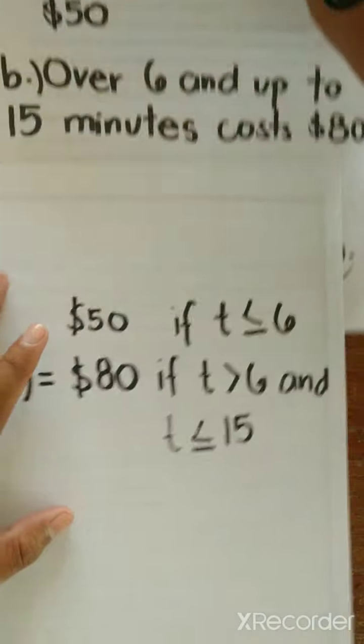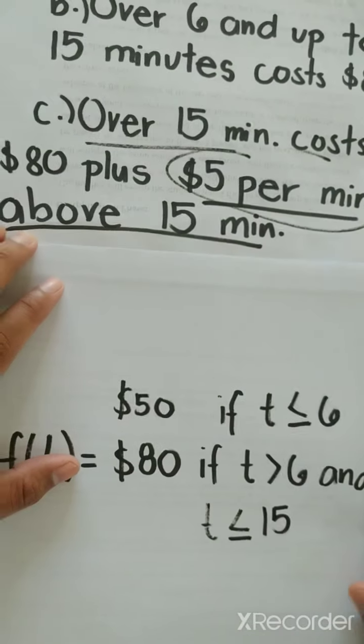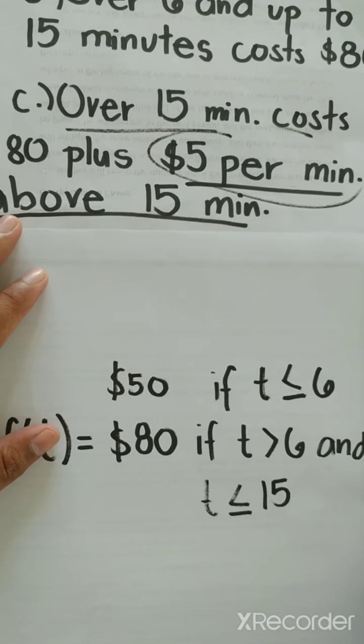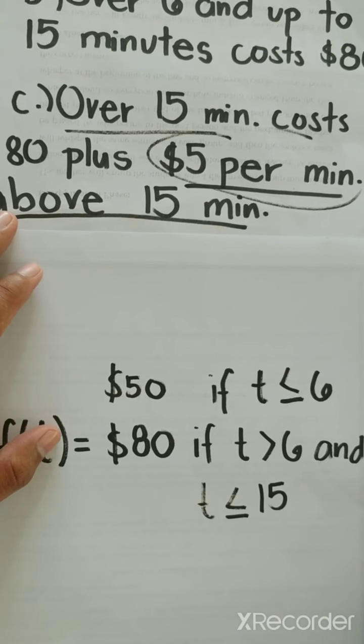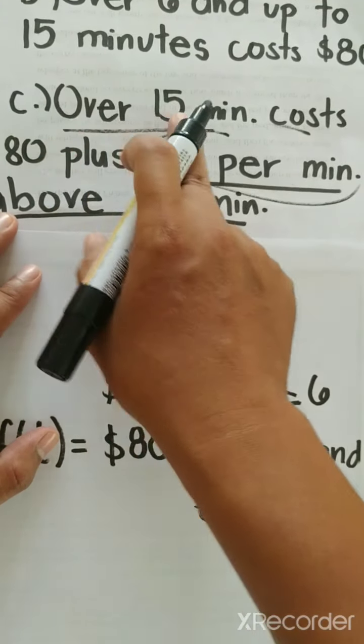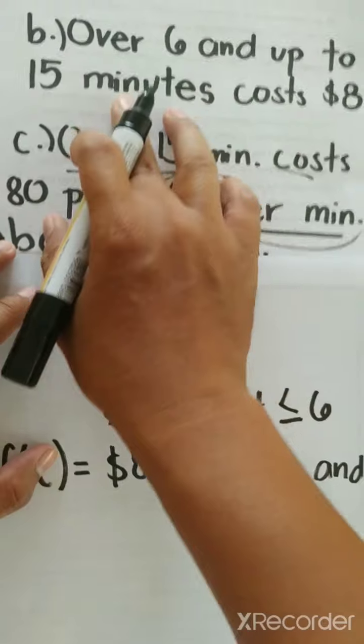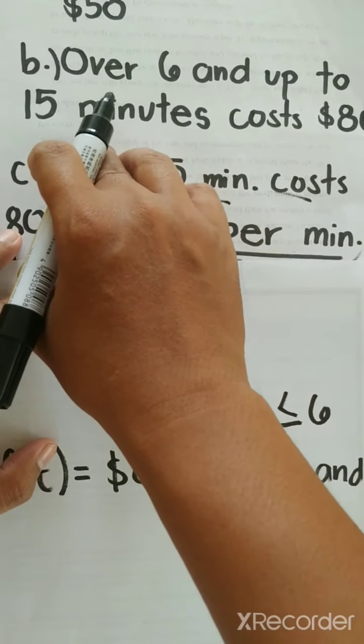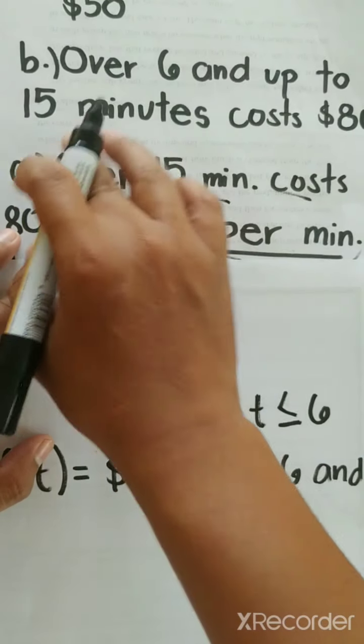Okay? And the last one. You should understand this one because it's quite tricky. So, if it is over 15 minutes, because the previous one says that it's only up till 15 minutes.